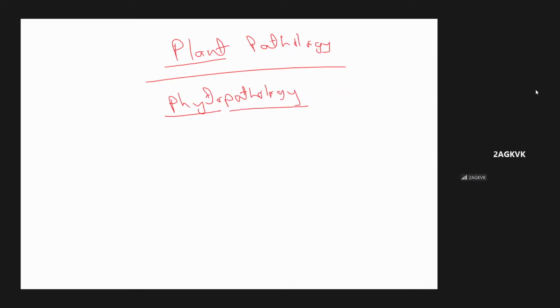Pathology is a branch of agriculture sciences which deals with, number 1, the etiology; number 2, the losses caused by the diseases; number 3, the management of a plant disease.